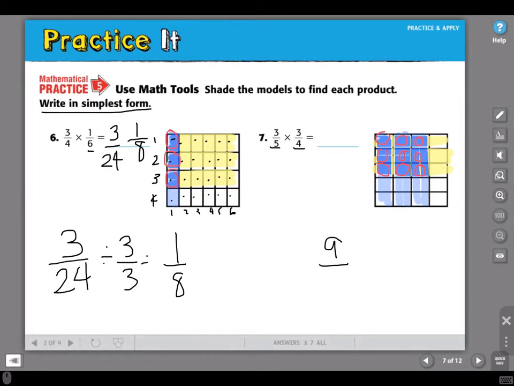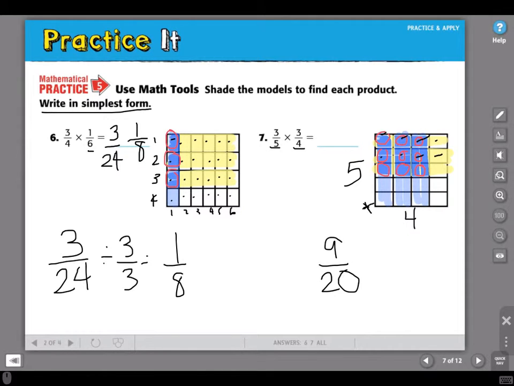Now, to find my denominator, I need to find how many total sections I've created. Well, let's see. 1, 2, 3, 4, 5, 6, 7, 8. There's got to be a better way. I know that I've got 5 here and 4 here. 5 times 4 is 20.